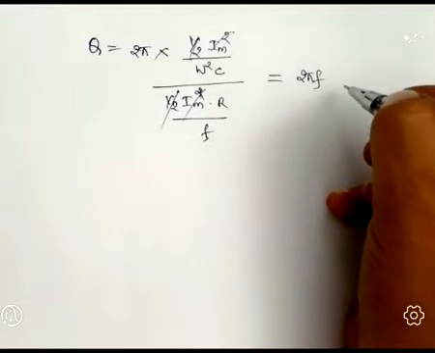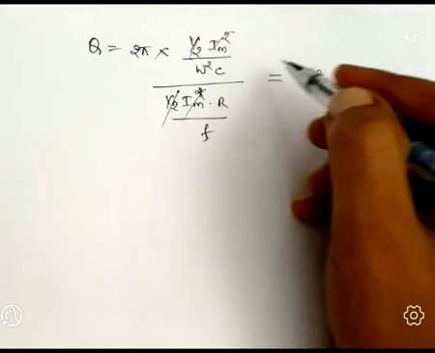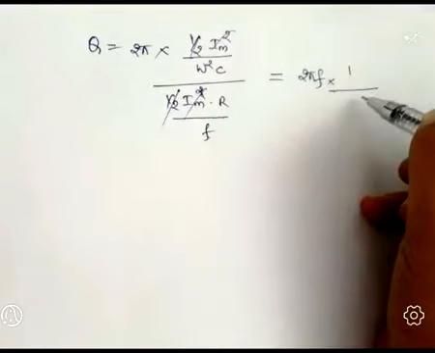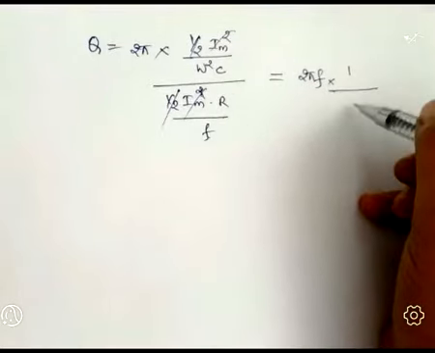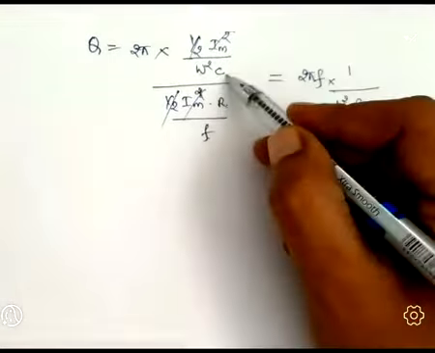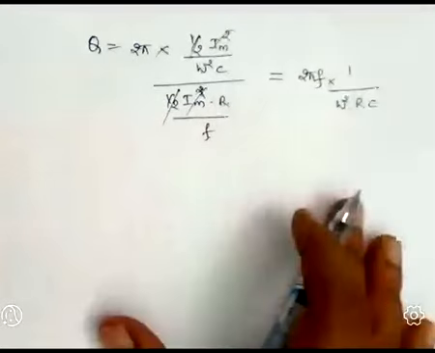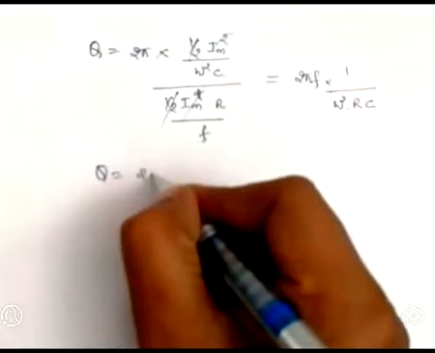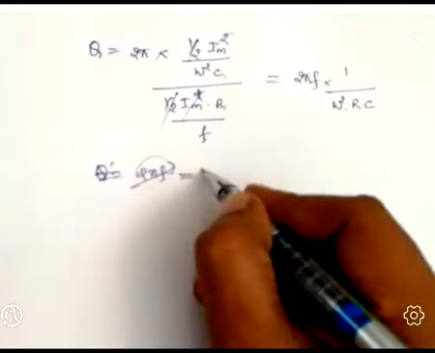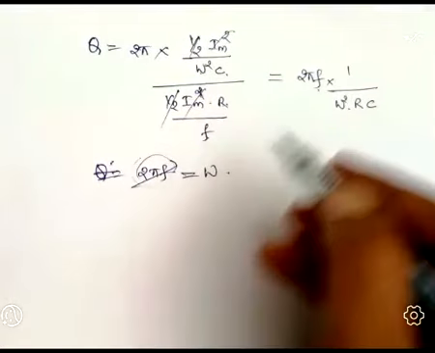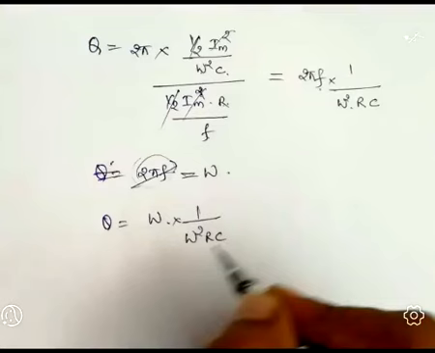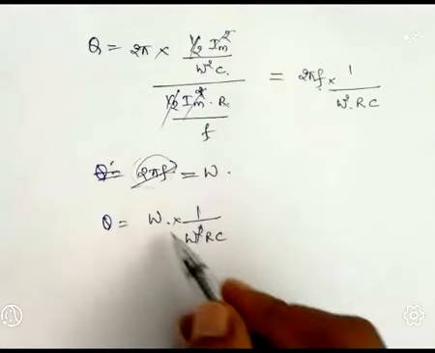Next, 1 divided by omega square into R into C. Now for the simplification, 2 pi F is nothing but omega, so Q equals omega into 1 by omega square RC. The omega and the omega square cancel, leaving 1 divided by omega RC.